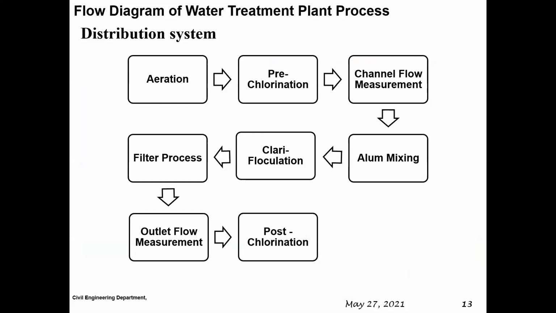Then flocculation, where the floc is settled out and the treated water is present at the top. Then the filter process. Different filter layers are present in the filter chamber, with various layers of filter media, and filtering is carried out. Then outlet flow measurement, which means we have to analyze the quantity of water which is coming out, and then post-chlorination.